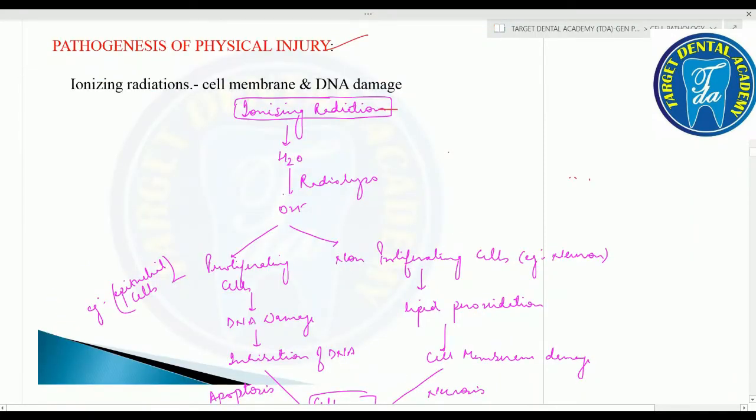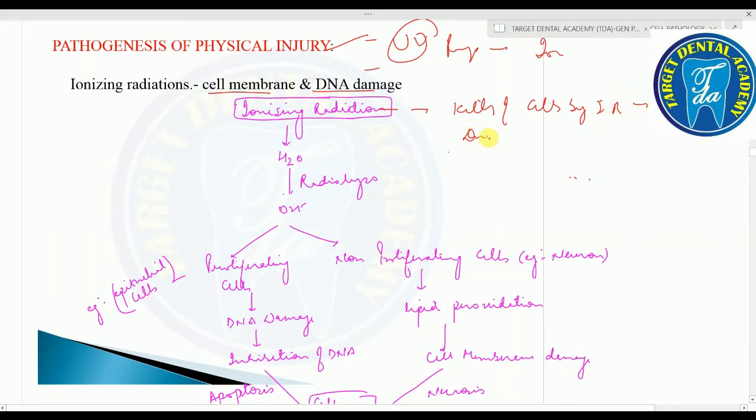So the pathogenesis of the physical injury may be due to ultraviolet rays or ionizing radiation. The ionizing radiation acts on the cell membrane and leads to DNA damage. There is killing of the cells by the ionizing radiation, which is a result of the direct formation of the hydroxyl radical from the radiolysis of water.